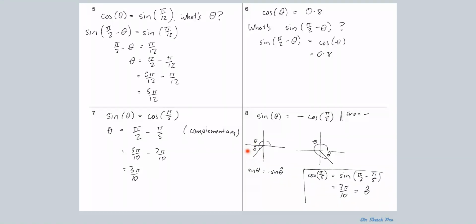I was able to work that out by looking at cos of pi on 5 and then working out the complementary angle, which is 3 pi on 10. Now that I've got 3 pi on 10 as theta hat, I can work out theta by adding it to pi or subtracting it from 2 pi. That's about as tough as you can get.